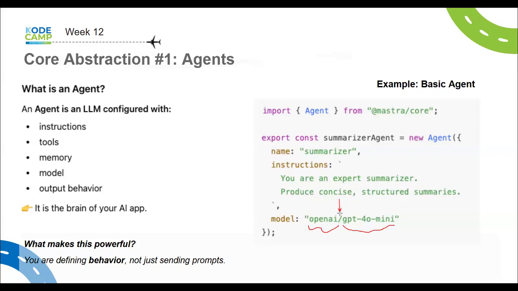The interesting thing is that this is totally type safe with type hints. One thing Mastra did very well is they have made it very easy for you. It has very good autocomplete. Just start typing open and it gives you all the possible OpenAI models that are currently available.